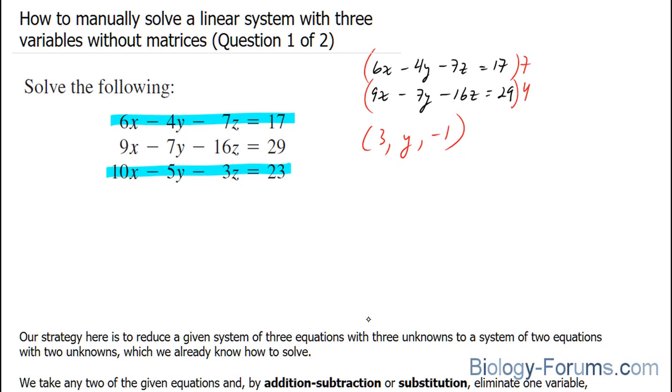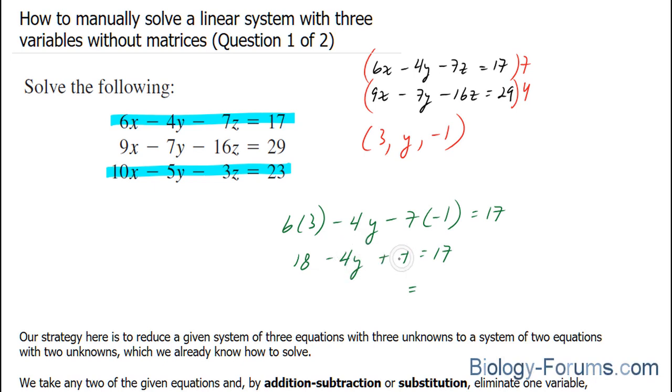You can choose any one of these. I'm going to choose the first one. 6 times 3 minus 4y minus 7 times negative 1 is equal to 17. I'm going to simplify here. We end up with 18 minus 4y plus 7 is equal to 17.